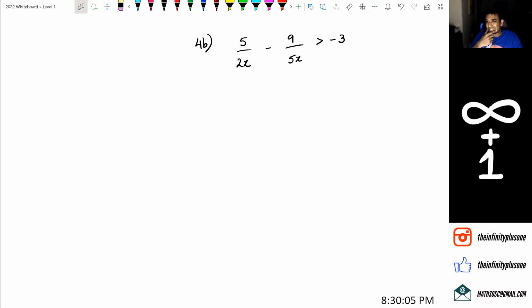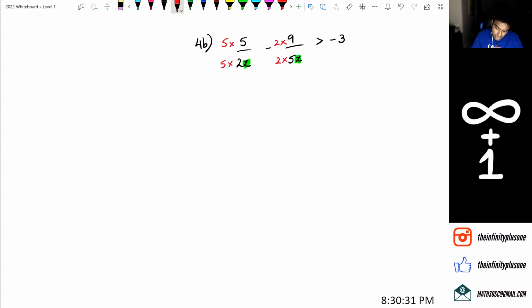So the first thing is looking at the denominators. I already have an x here, so I don't need to worry about doing anything to the x's. All I need to worry about is the 5 and 2. The lowest common multiple is 10. So I'm going to multiply denominator by 5, numerator by 5, denominator by 2, numerator by 2.